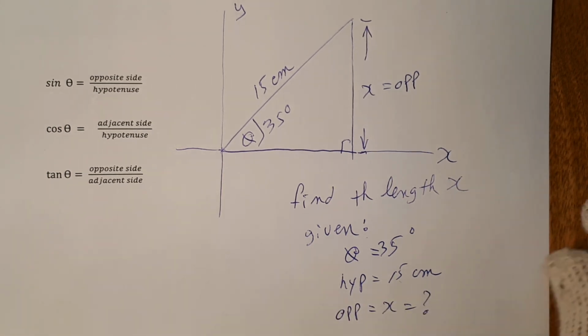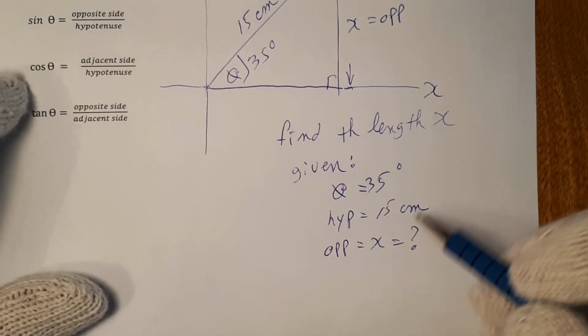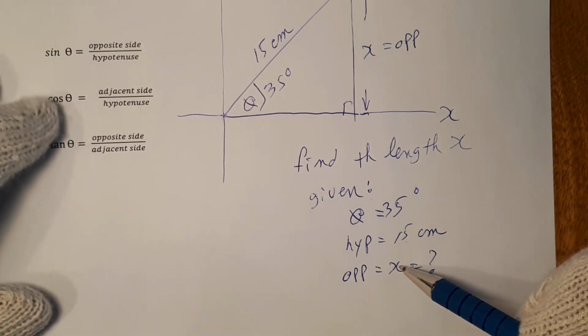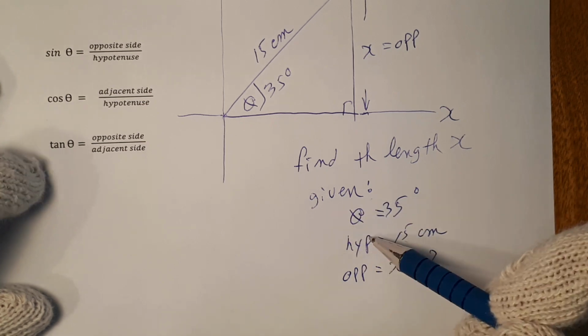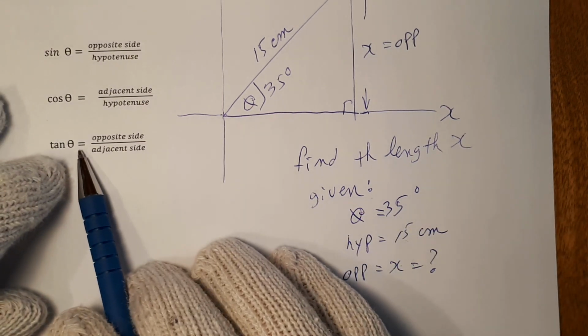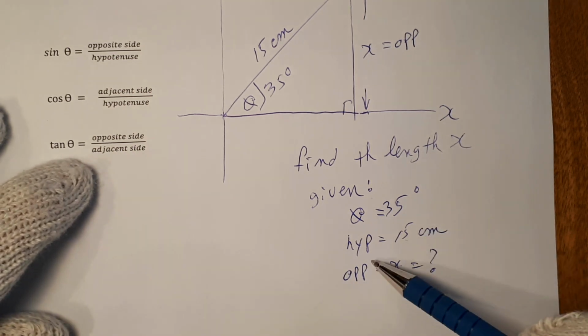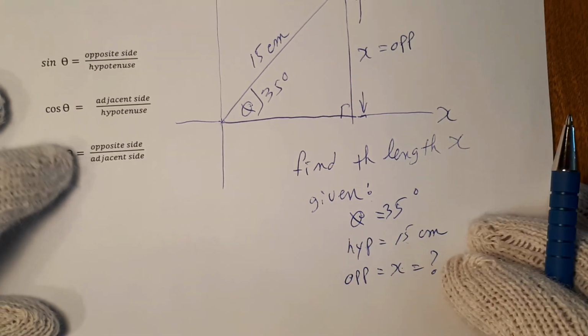Now that we have these 3, we can choose an equation in order to solve for x. We need to find an equation that has all 3 of these variables within it. If you look at tan theta, we have theta and an opposite, but we need opposite and adjacent. We only have an opposite and hypotenuse, so tan theta is not the equation we're going to use.